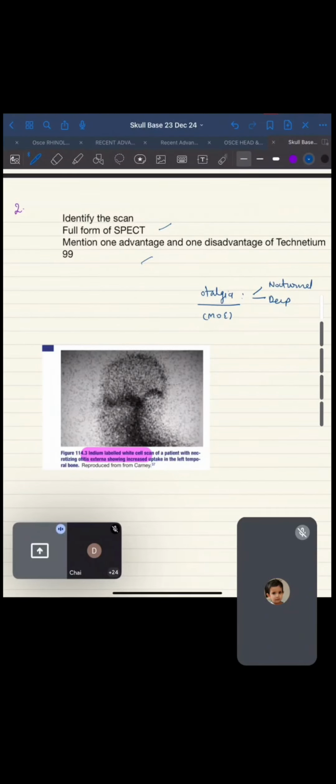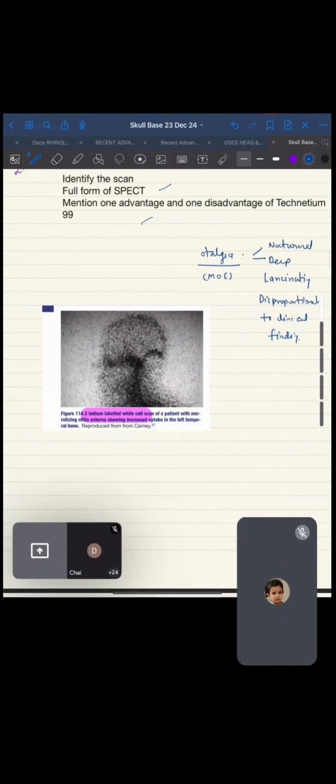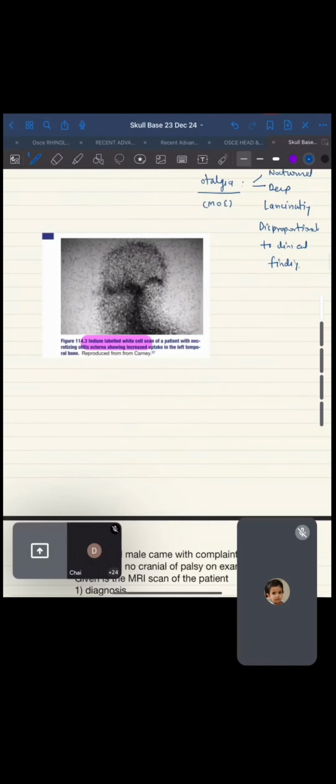And the word they use is lancinating, sharp shooting pain, and the pain is disproportionate to the clinical findings. And otalgia is also the most common symptom.